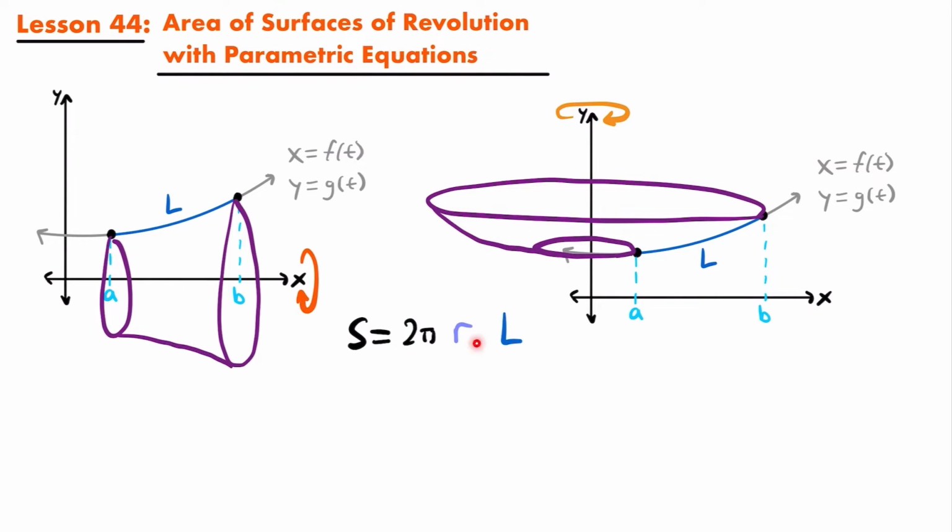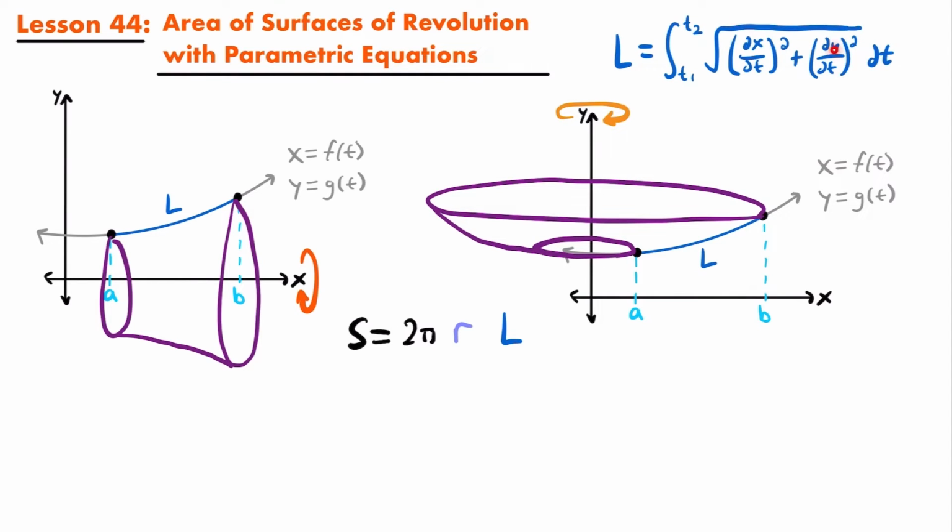And then the arc length formula is also going to change, right? We're not going to use that arc length formula in terms of x and y. We're going to use the arc length formula in terms of t, which we found in a previous lesson. The arc length of a curve between two specific values of t along a plane curve can be found by using this formula right here.